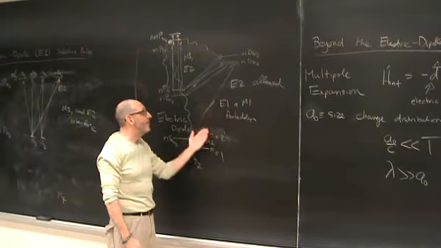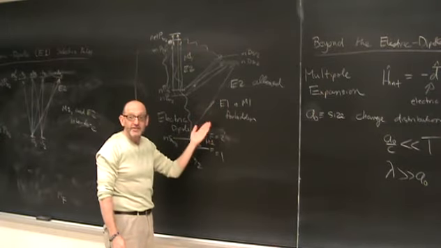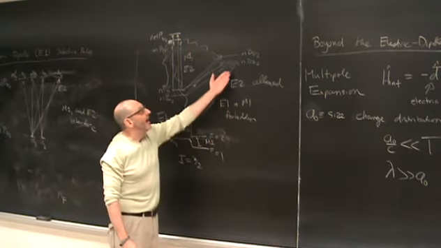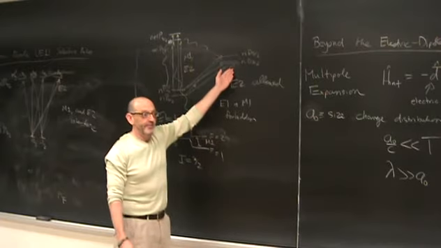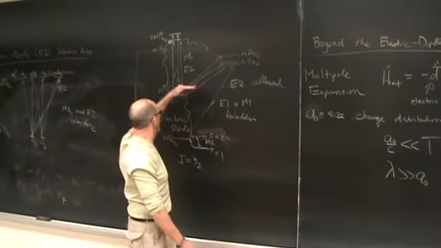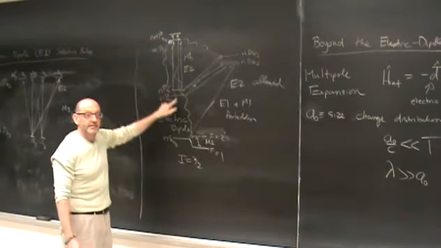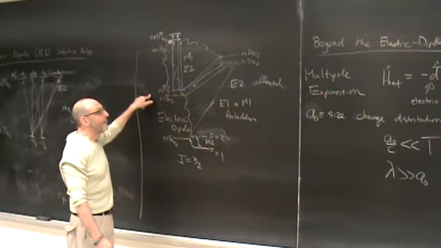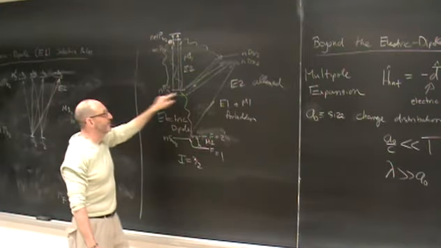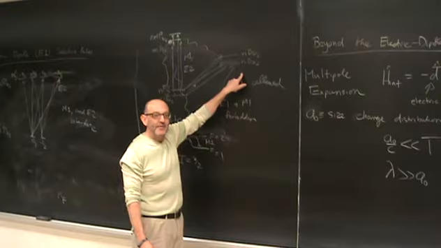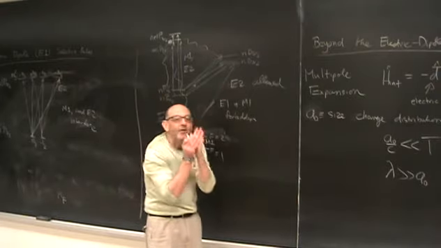In fact, it's down by 2 orders of the fine structure constant. It might be 1,000,000 times smaller than for this allowed transition. So if this were a megahertz, this would be a hertz line width. It would be such a narrow line.